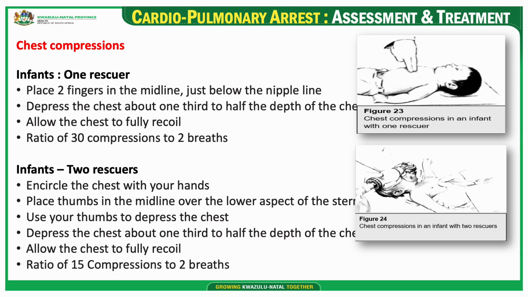When you are 2 rescuers, you can use the hand encircling technique, which is often much friendlier on your fingers, where you place your thumbs in the midline over the lower aspect of the sternum. You're going to use your thumbs to depress the chest. Again, you need to depress the chest 1/3 and it needs to recoil fully.